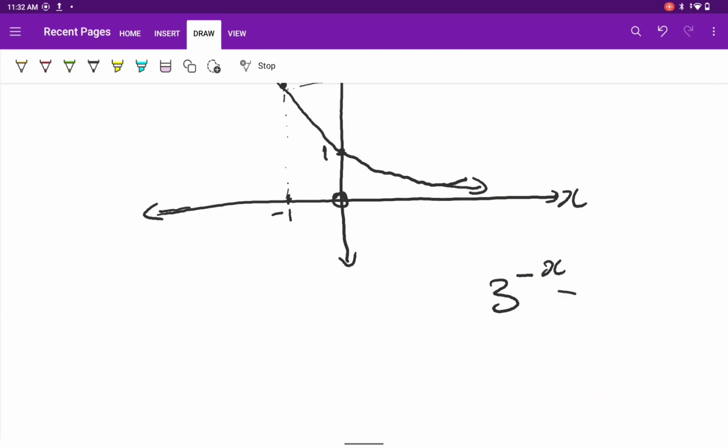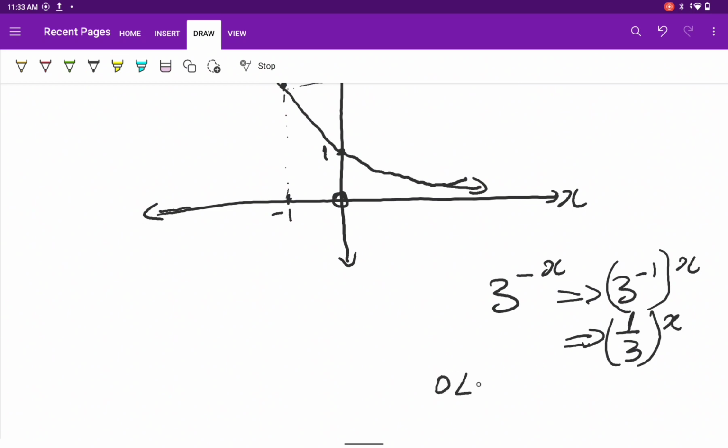We can rewrite this as 3 to the power -1 times x, which actually gives us (1/3) to the power x. So you can see 1/3 is between 0 and 1. Hence we have a decreasing function like that.